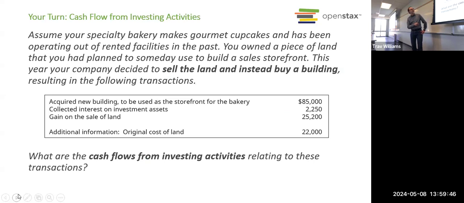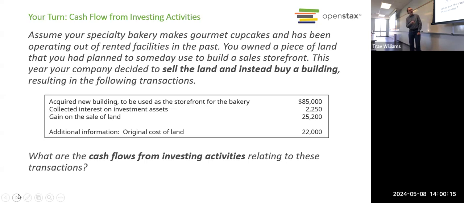Here's another example. Our company decided to sell land and buy a building. So we bought a building for $85,000 to be the storefront for our bakery. Obviously, it's not around here, right? You're not gonna buy a building for $85,000, maybe a shed, but not an entire storefront.